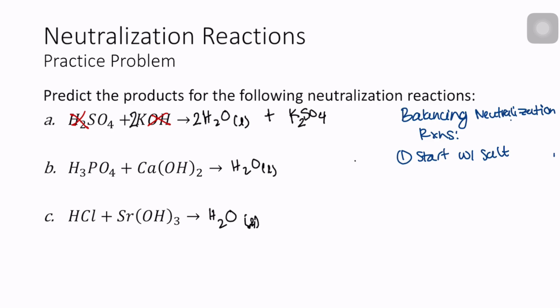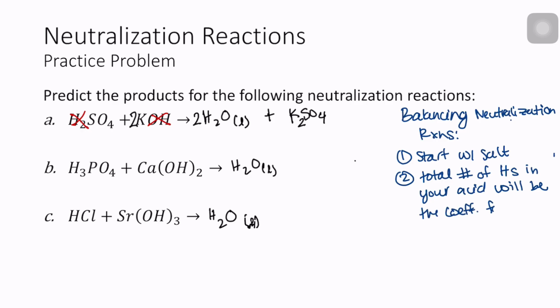I put a 2 in front of my potassium hydroxide. The next thing you're going to do is the total number of hydrogens in your acid will be the coefficient for water.